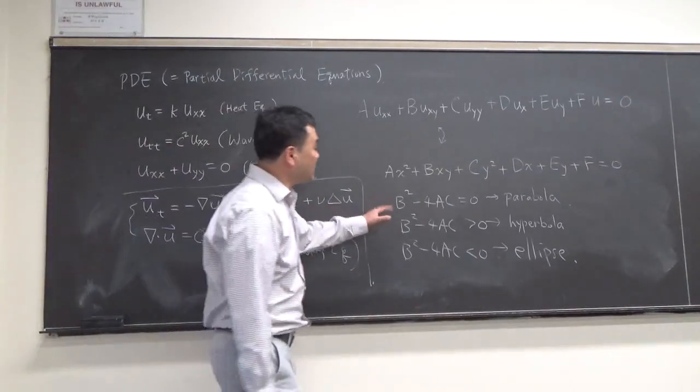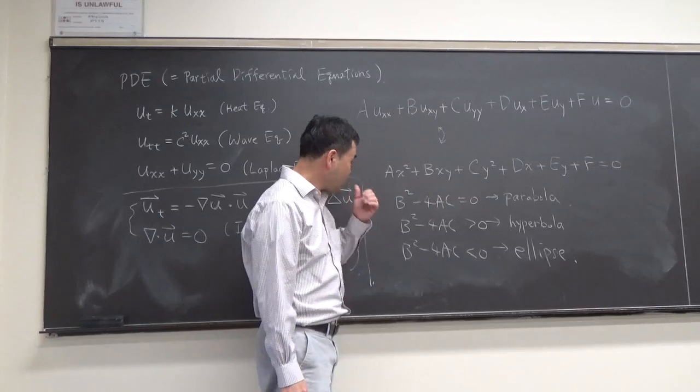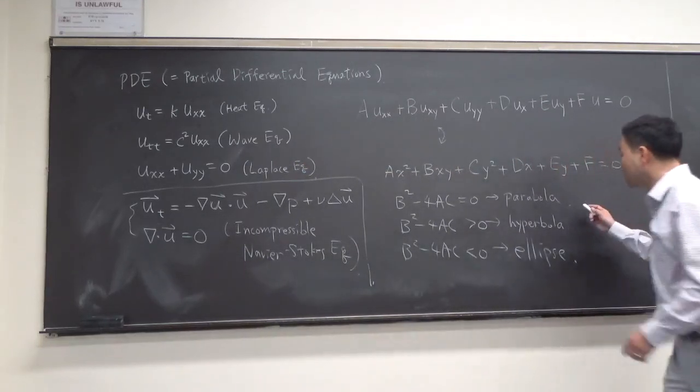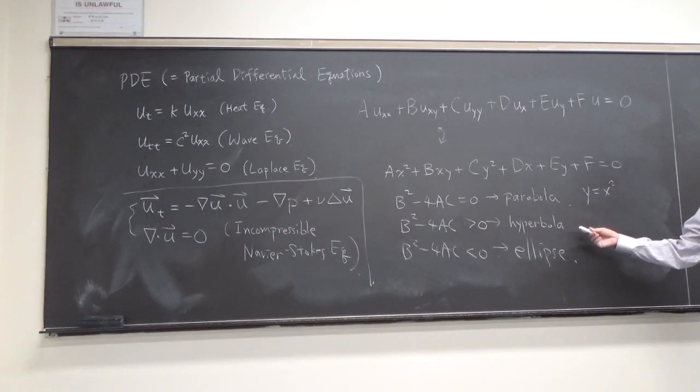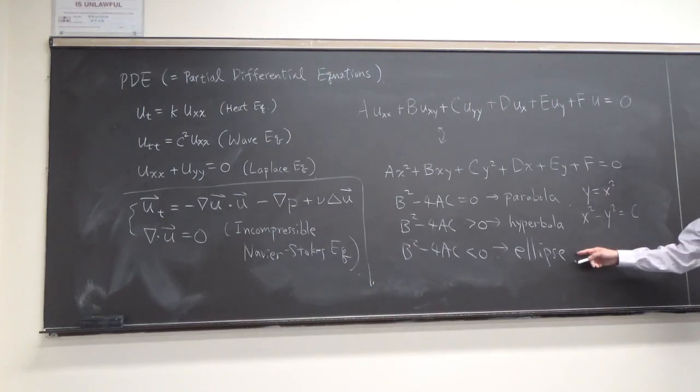And all of these mean that, what's a parabola? A parabola is like y equals x squared, right? What's a hyperbola? x squared minus y squared equals some constant, right? And then what's an ellipse? It's like x squared plus y squared equals some constant, right?